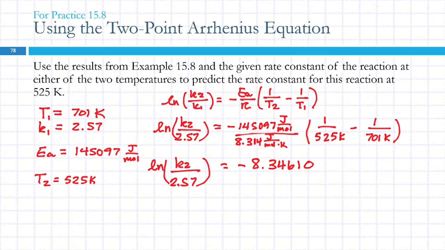So we see that the units are canceling out. Joules per mole cancels joules per mole, and these kelvins cancel the kelvins. This has units. I'll write them up here.